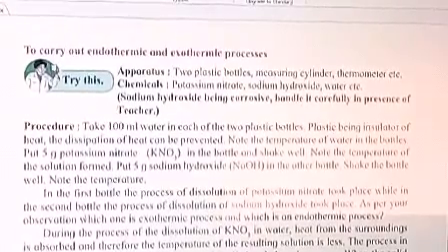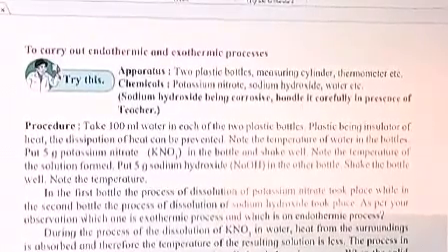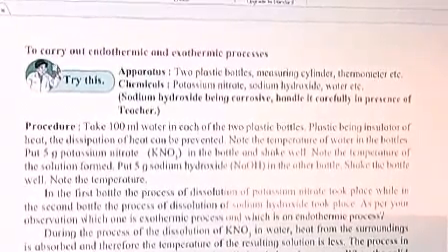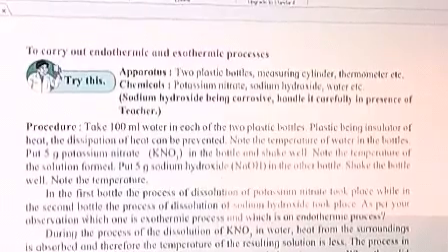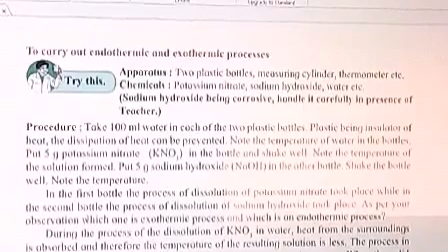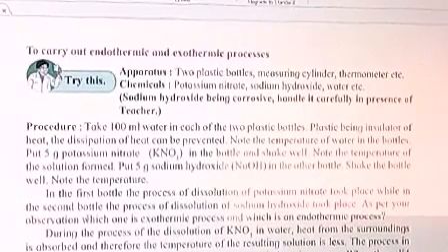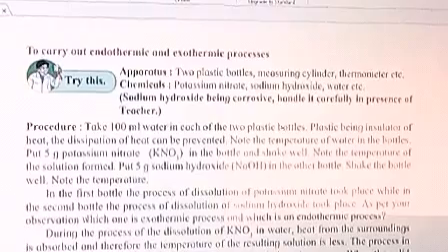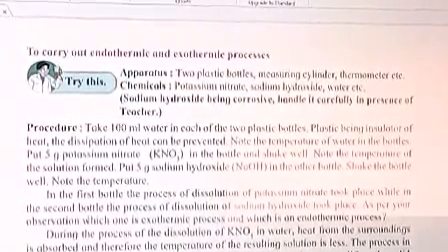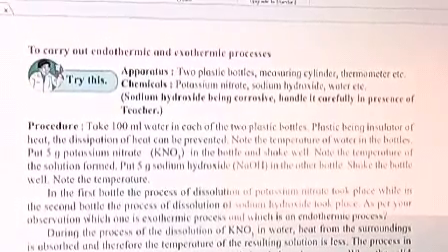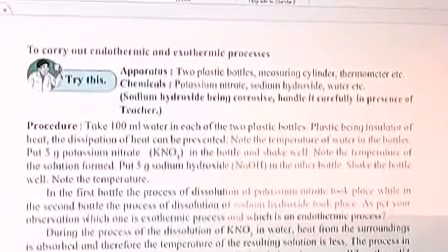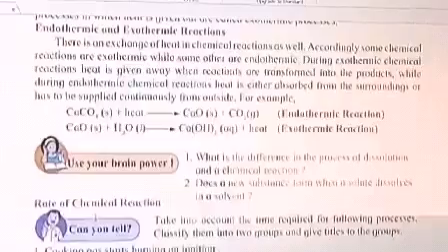In this reaction, when sodium hydroxide dissolves, heat is given out, and therefore this process is an exothermic process. In short, when heat is absorbed in a process, it is called an endothermic process. If heat is given out in the process, then that is an exothermic process.